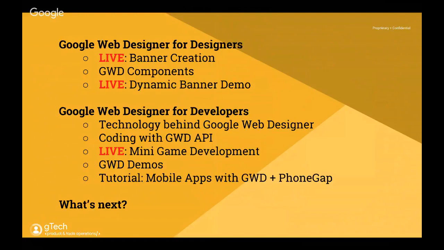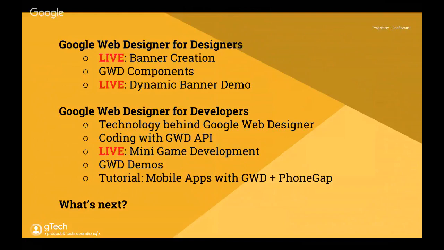And then as the grand finale, I will show some demos, some projects that have been done with Google Web Designer. For some of them you will also find download links, so you will be able to download them and recapture what has happened there, how we have developed them, and so on.